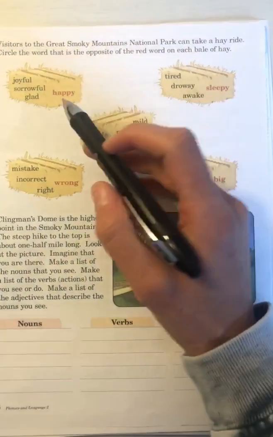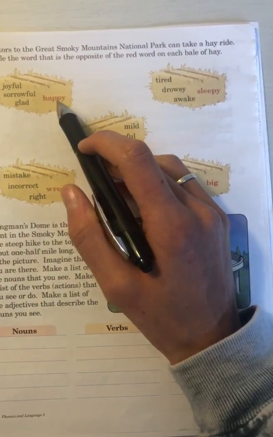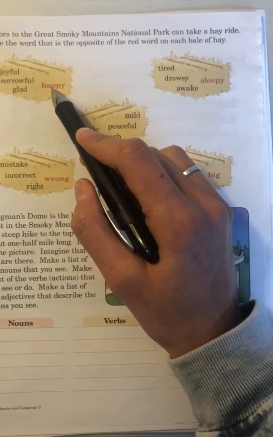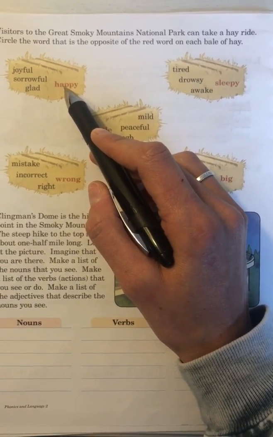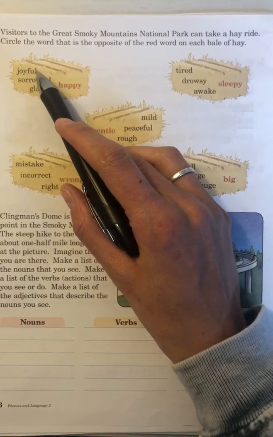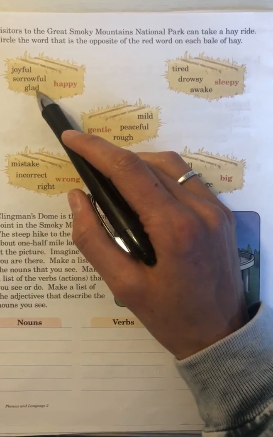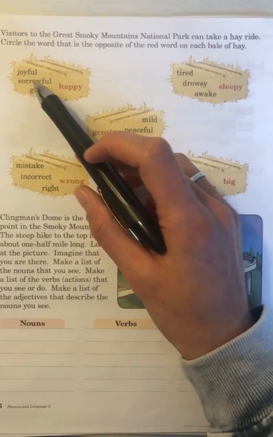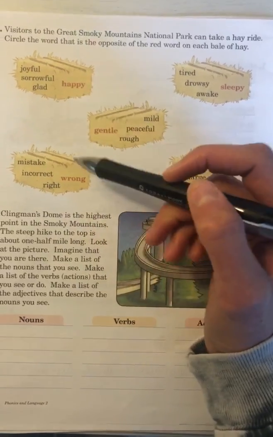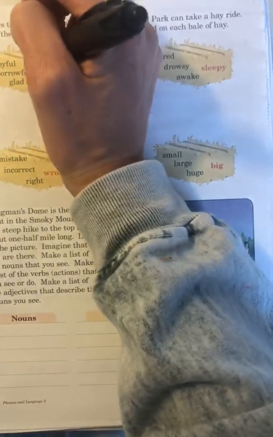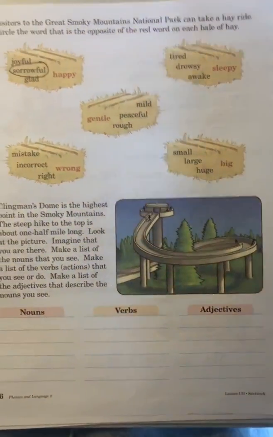So, if the red word is happy, I am finding the antonym. I am finding the word that is the opposite. So, joyful, sorrowful, or glad. Which word do you think is the opposite of happy? Sorrowful. Right? Okay, so that's what you're doing here for each bale of hay.